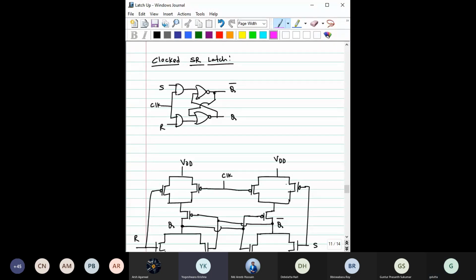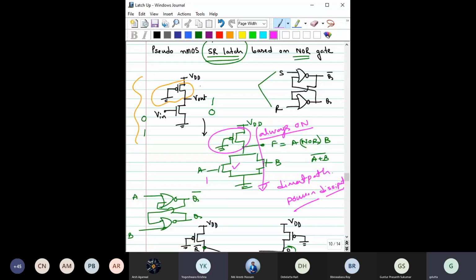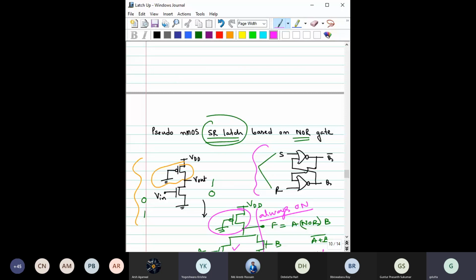Any change in this input will immediately impact the output, even some momentary noise. And it is not synchronized with the other part of the network. If you want the output to change only when the clock is high, you can synchronize it with the rest of the circuit.